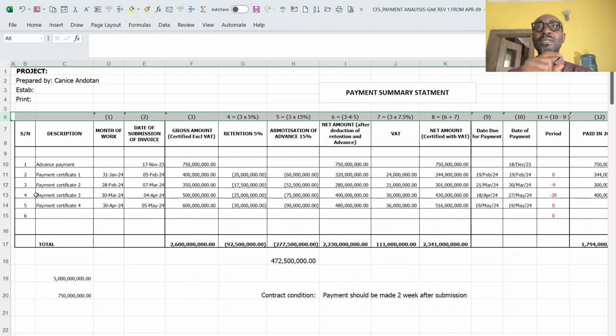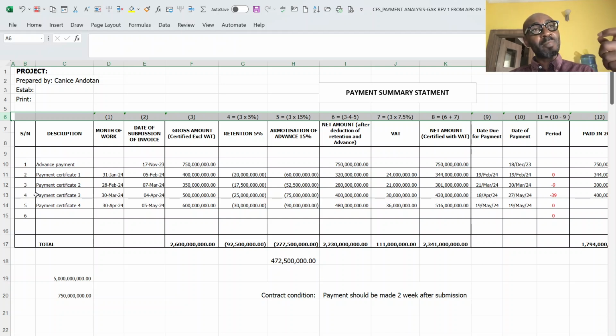So you know why that clause is there: it is to checkmate the excesses of the client as well, so as not to delay in paying, because there is no free money anywhere. It's assumed that the contractor is borrowing money, and is borrowing this money with an interest.